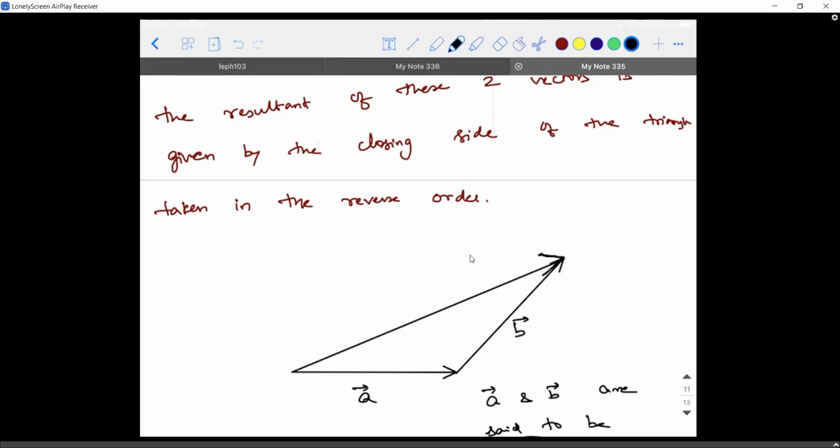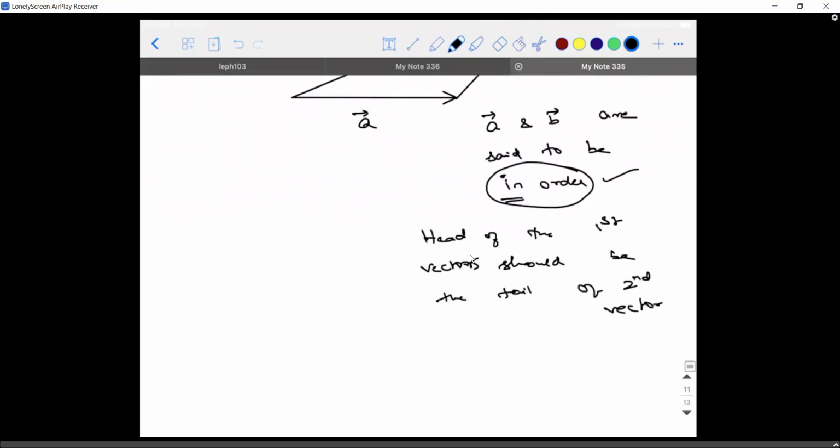You know what would have been the order? A vector is like this, B vector is like this. If C vector was like this, we say all 3 vectors are in order, because it exactly matches the statement that I gave you.